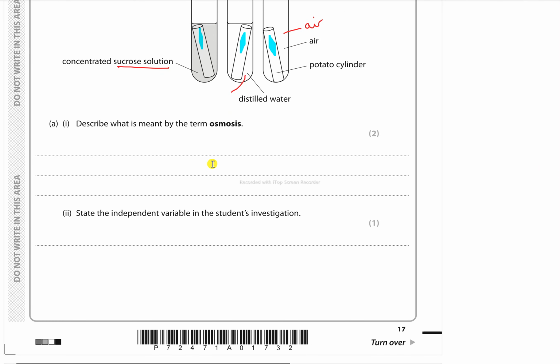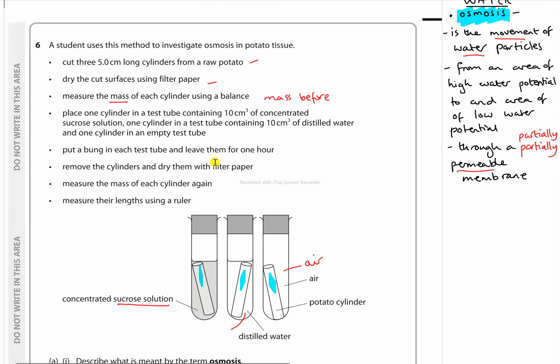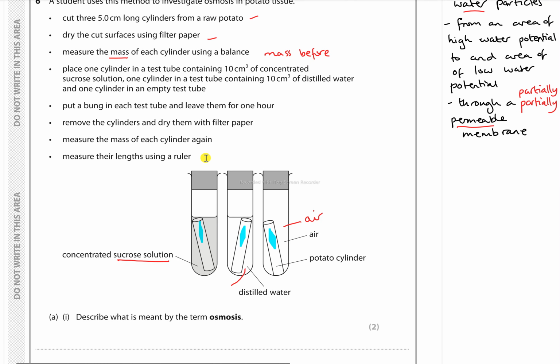Right. State the independent variable. The one that you're gonna change, yeah? It'll be the solutions or the contents, yeah? So in this case it's the sucrose, the distilled water and the air.